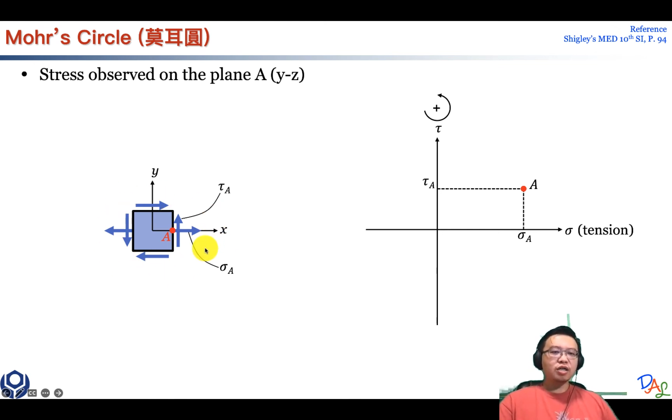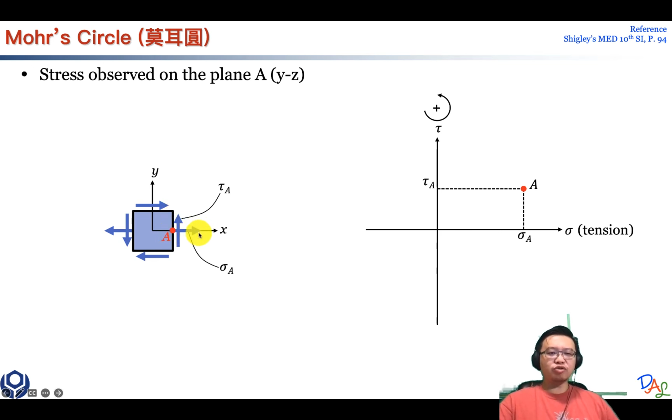So when you have a force diagram like this, make sure you understand your coordinate system and start from it. You pick a point on one of the surfaces. At this surface that is perpendicular to x, I'm standing on top of it, and I just observe how many forces are applied to this point A. From here you can tell there is a tensile stress and there's a shearing stress.